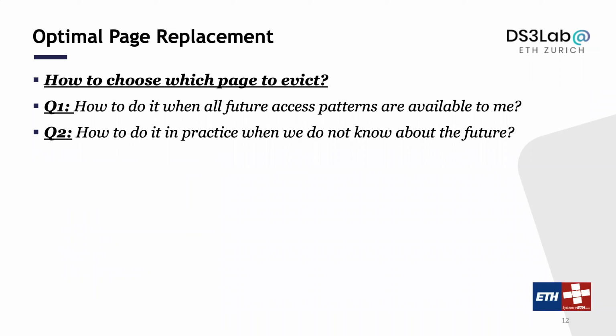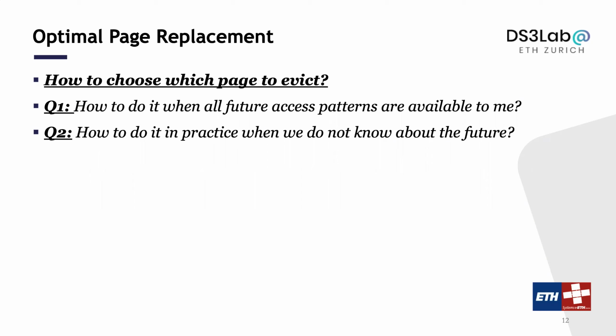So here we are going to decouple this into two smaller questions. The first one is we want to understand a little bit from a theoretical perspective: assuming I know my access pattern, that is, I know in the future which page you are going to access. Assume I know the future, how to do it?